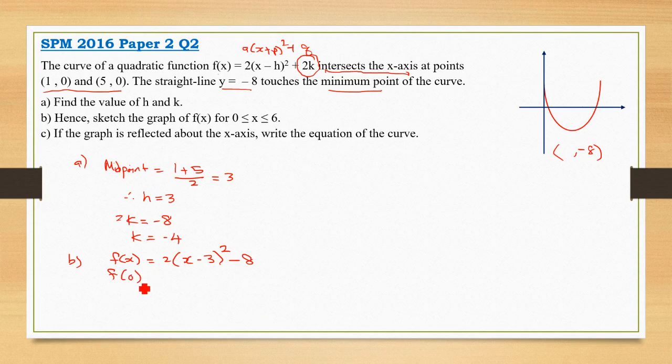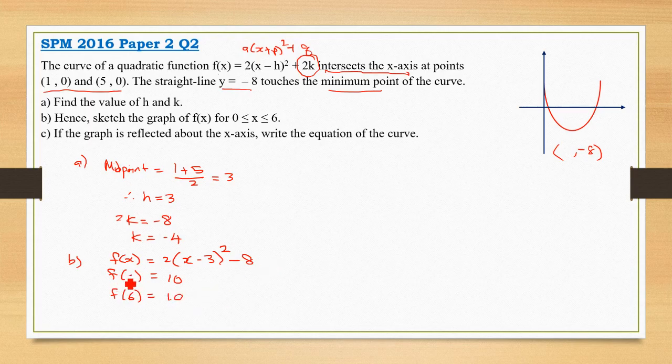Find out when x is 0. Put in 0, so you have 9 times 2 minus 8, so you get 10. Then you put in 6, because the highest value given is 6, the range. So 6 minus 3, squared, times 2 minus 8 is also 10.